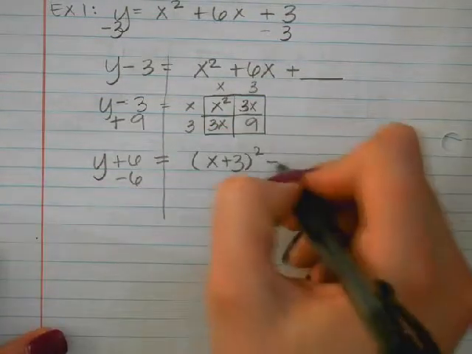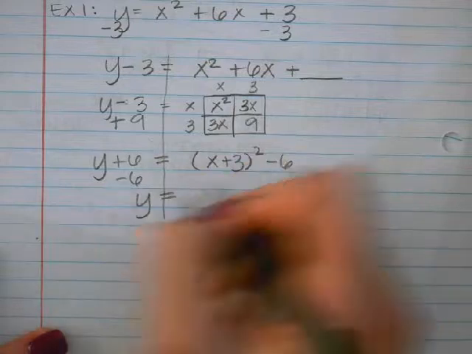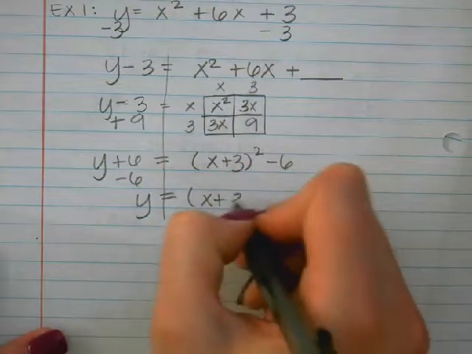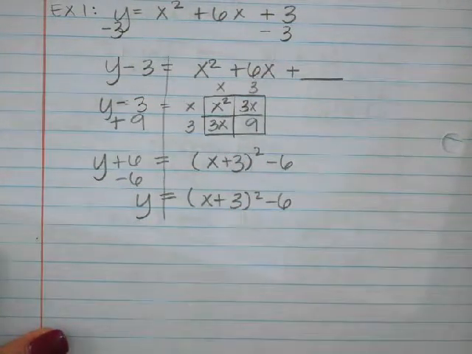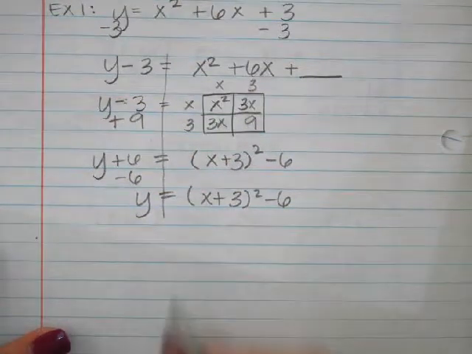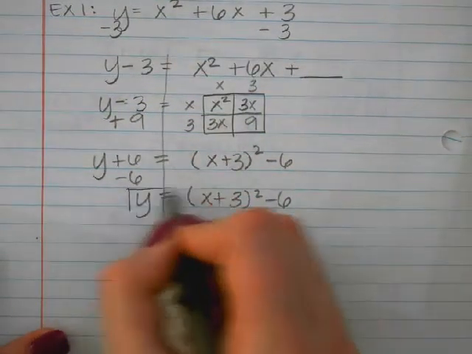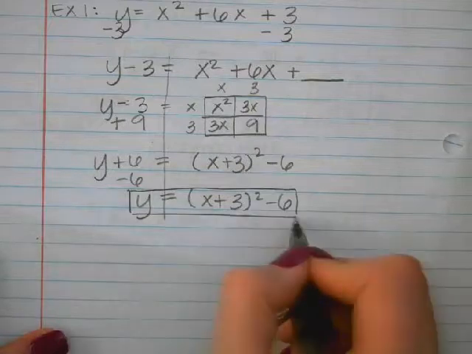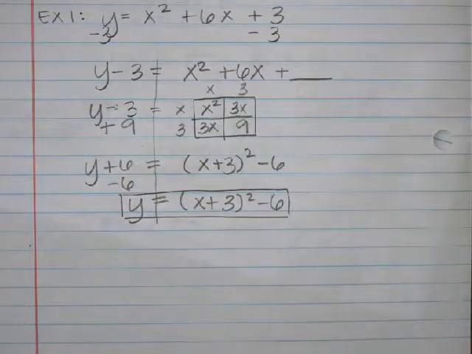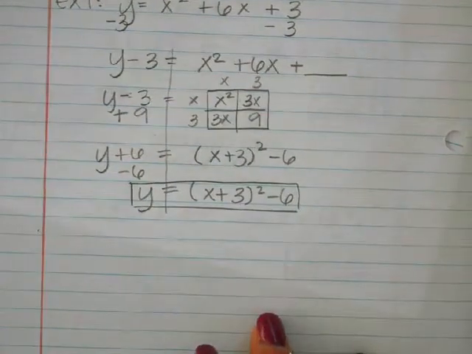Subtract the 6 back over. And now we can say it was in standard form to start with, but we're in vertex form now. Whoa. So that's the purpose of completing the square, is to be able to switch it from one form to the other. That's our process.